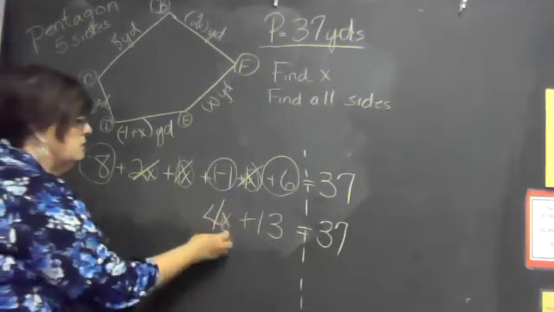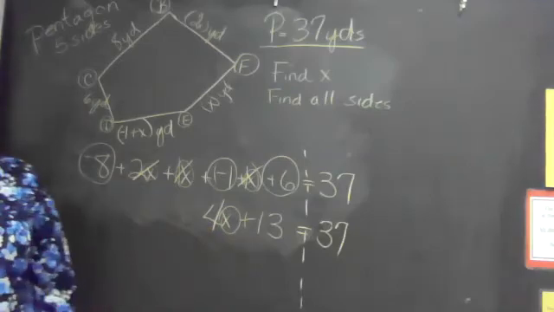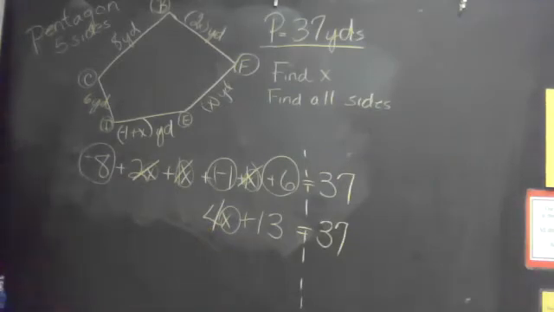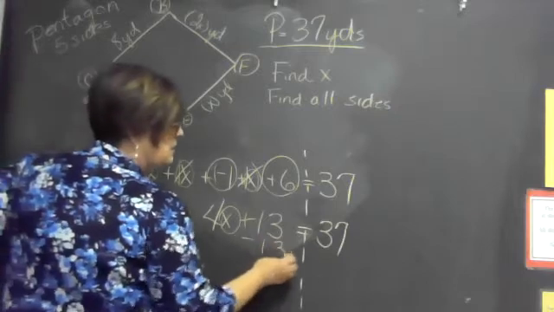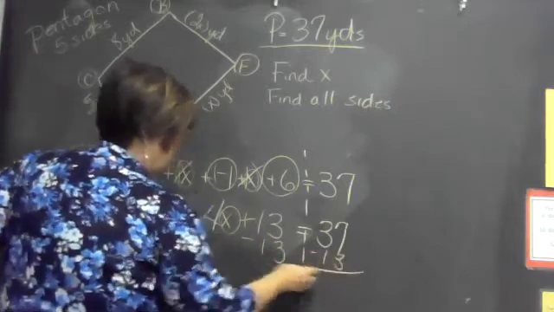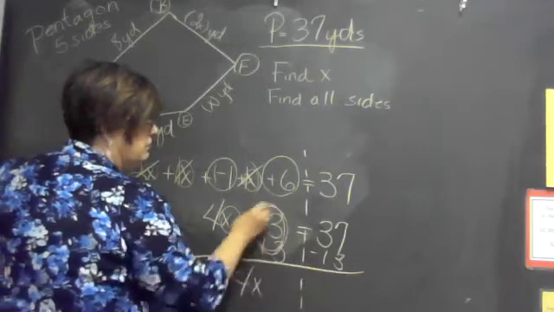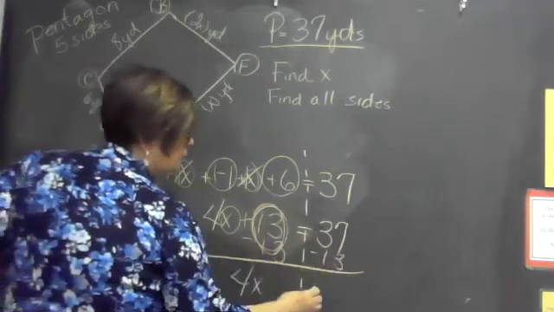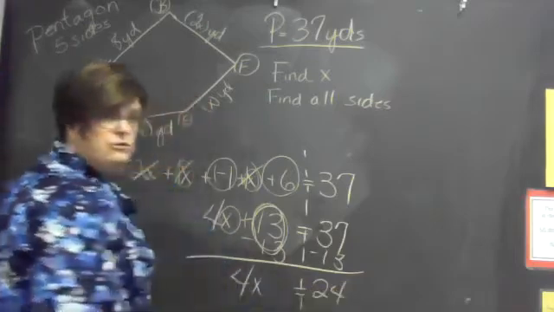Here's our X, so we focus on this side. We need to get rid of the 4 and the 13. Which one goes first? The 13, since it's a +13, we have to -13, -13. And so now we have 4 X's left because this zeroes out, and we have 24. Is it still showing?